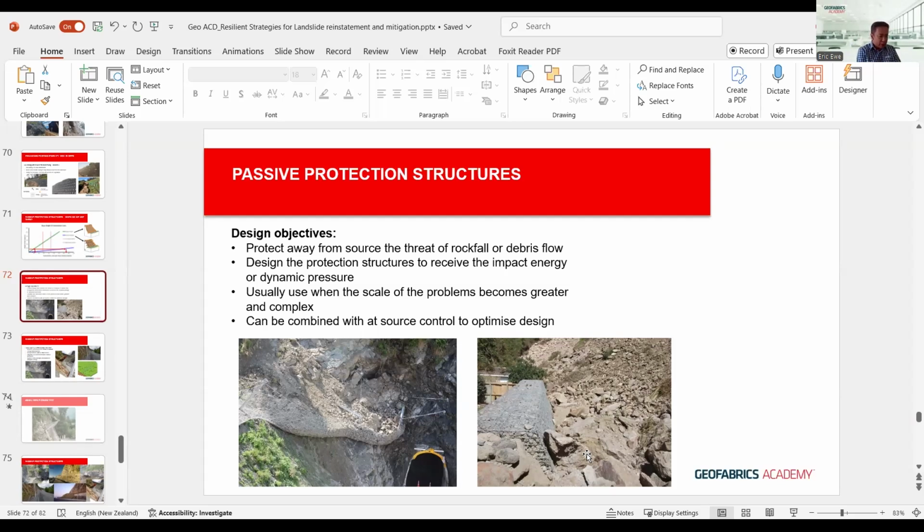And for your information, there is a manual called Maintenance Guidance of Passive Protection Structures published by Waka Kotahi, the NZTA of New Zealand, with recommendations and guidance for maintenance, including the clearing frequency. I hope that gives you a bit of an idea.